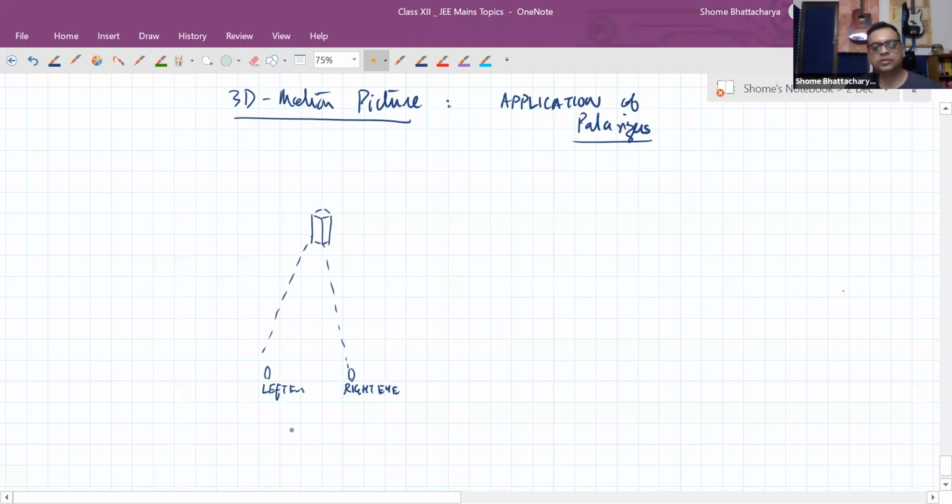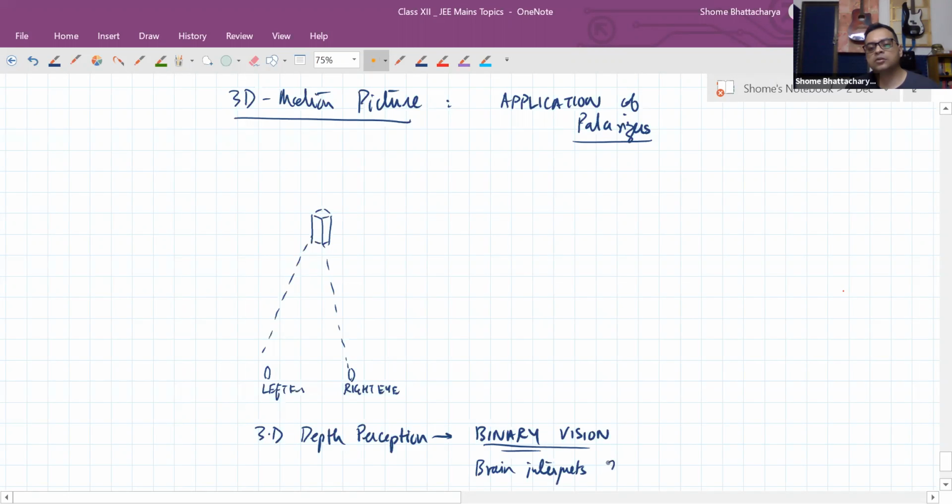Three-dimensional depth perception comes because of binocular vision in human beings, and mostly in all animals also. Binocular vision means that our brain interprets two sets of images from the left and right eye.